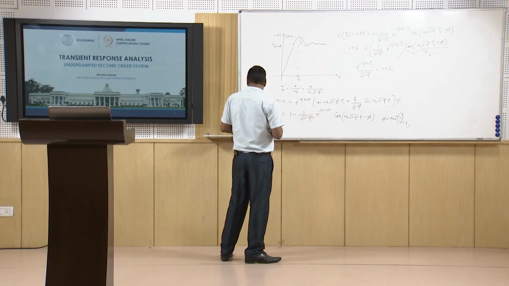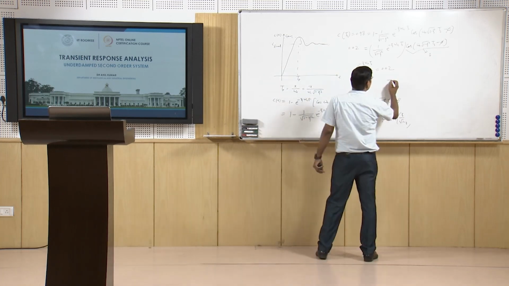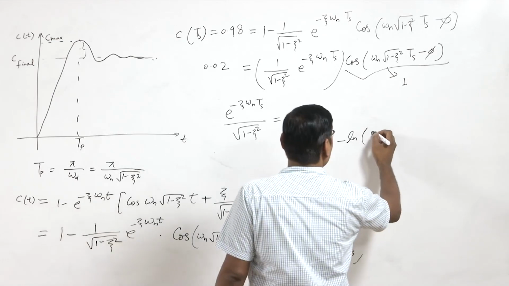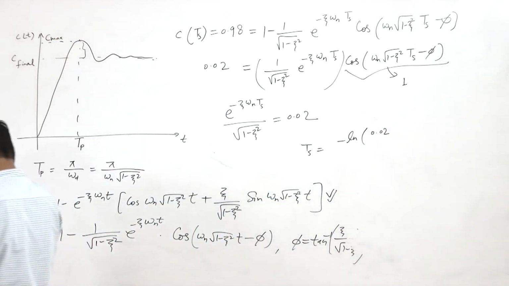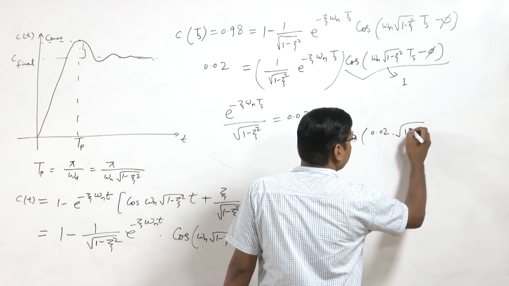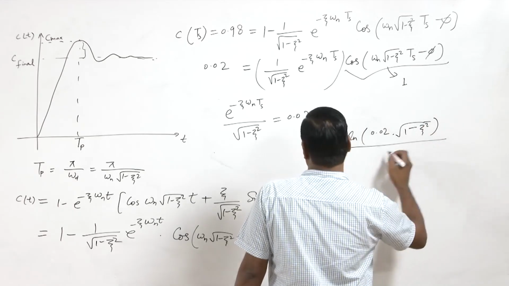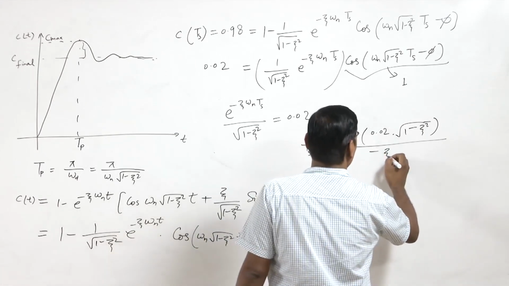And from here we can find Ts, that is equal to minus ln 0.02 into root 1 minus zeta square upon minus zeta omega n.